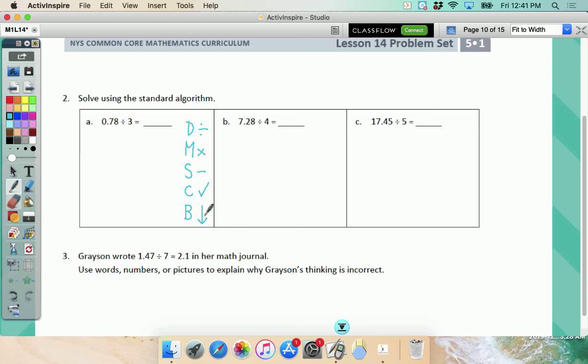And what do I skip count by? That's the divisor. So I'm going to start with 0. Can you see the last one? It says 36. Okay.